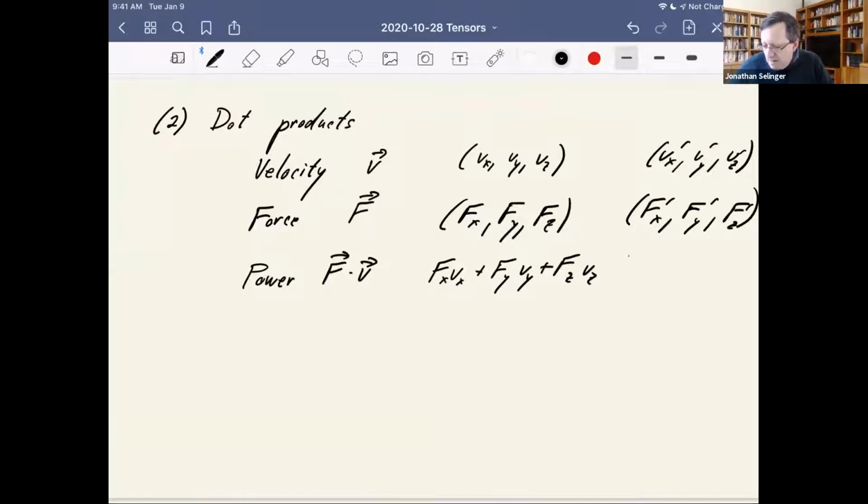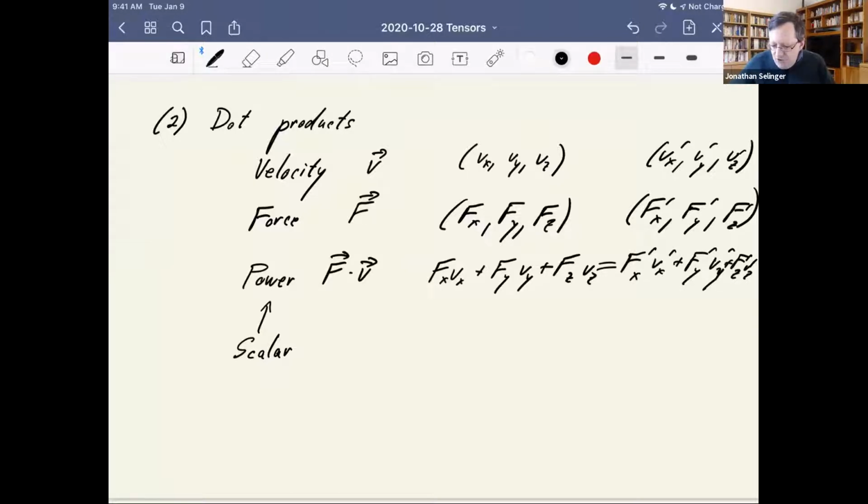And the other one measures Fx prime Vx prime plus Fy prime Vy prime plus Fz prime Vz prime. And then when they combine the numbers in this way, they say, whoa, those things come out equal also. So this is another example of a scalar, that is a numerical quantity that does not depend on the choice of coordinate system.